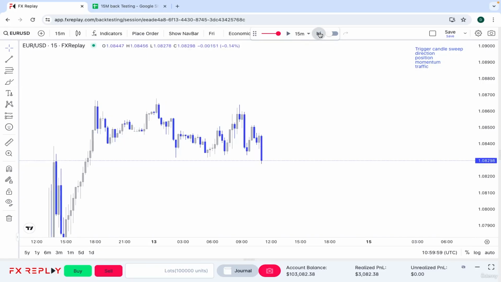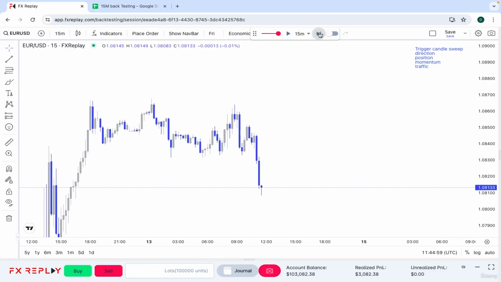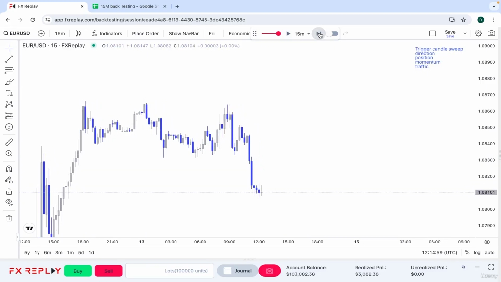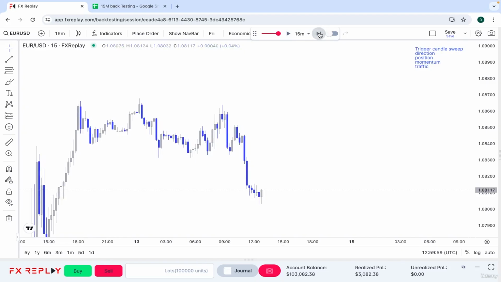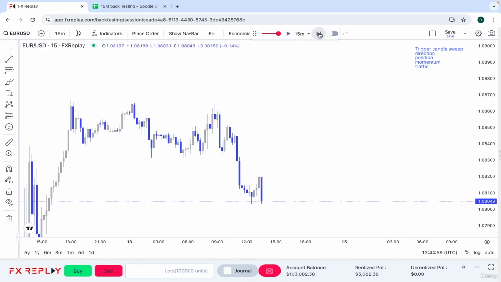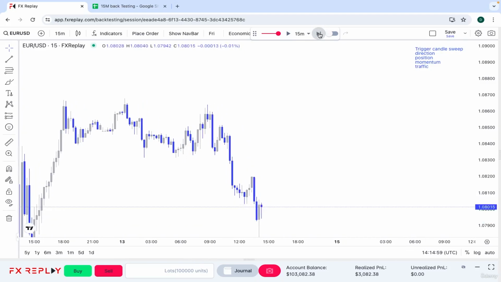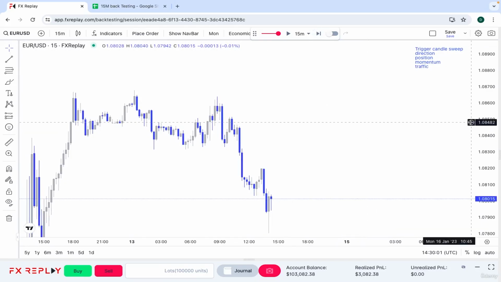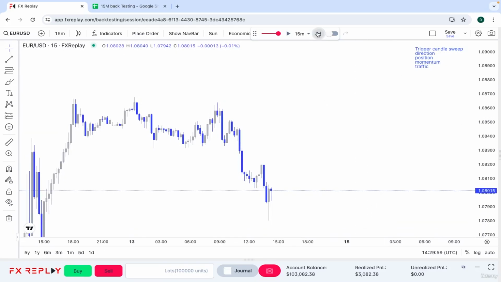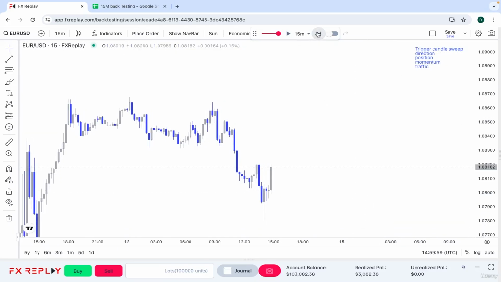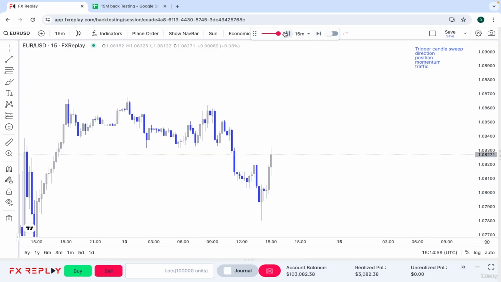I'm just trying to make sure I don't miss any candles, but while still going through it with a decent amount of speed. Looks like there's not going to be a setup again. Okay, let's move on to the next one.